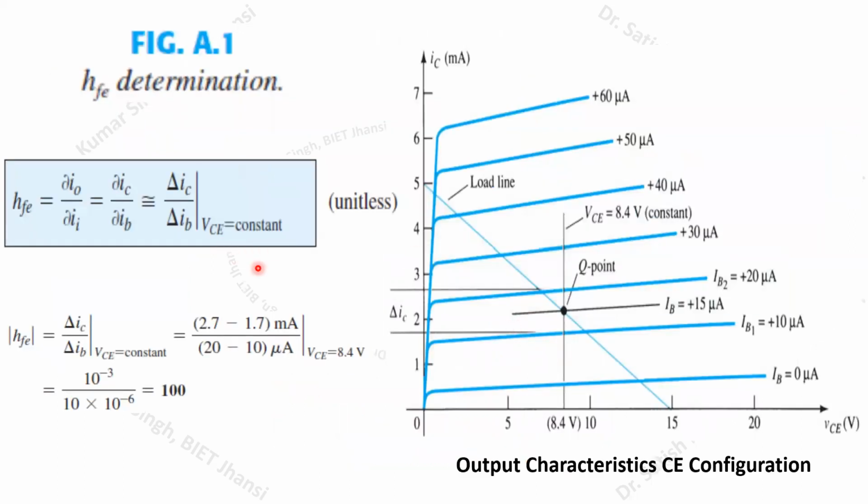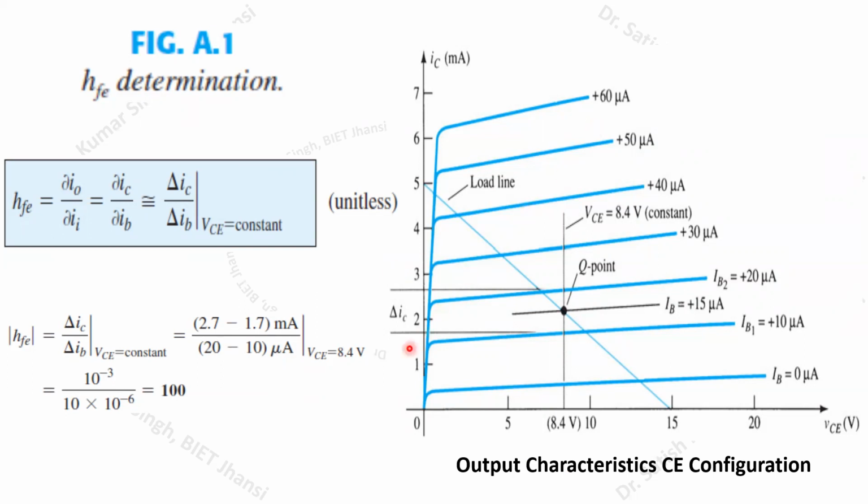Before calculating the HFE using the graphical procedure, I have already discussed how to obtain the input and output characteristics of common emitter transistors. Those who have not watched that video, please see it first so that you will be able to understand.